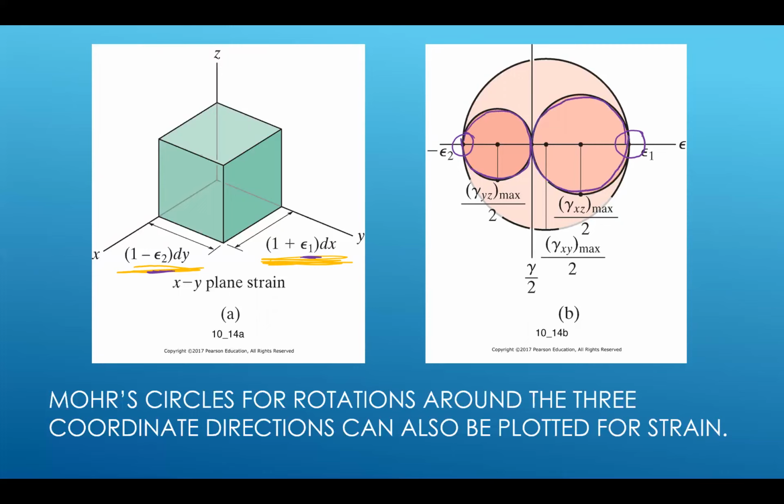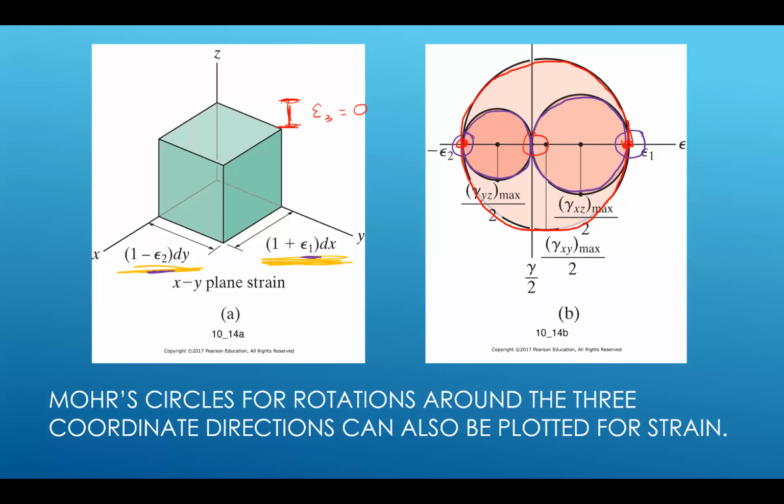And then the in-plane strain is represented by the circle that connects the two in-plane normal strains. And the third strain, which would be an elongation or a contraction in the vertical direction, is 0, right? So strain 3 equals 0. That's why the two circles pass through 0.